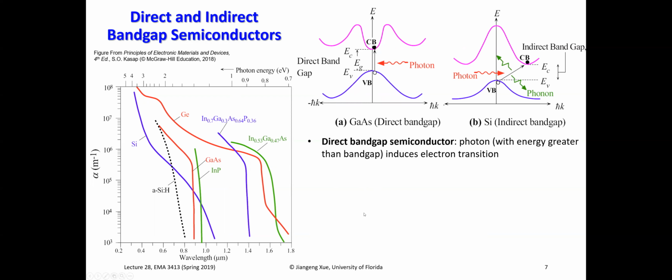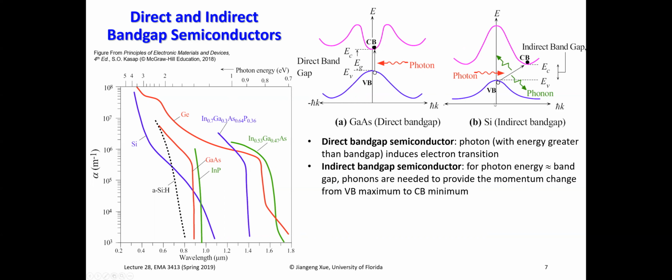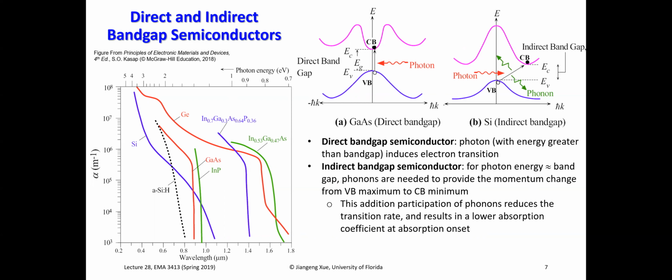But when we go to silicon or germanium, those are indirect bandgap semiconductors. As we explained earlier, to induce the electron transition from the top of the valence band to the bottom of the conduction band, we need a third particle, a phonon, to be involved. That extra particle slows down this transition, and that gives you a relatively slow rate.